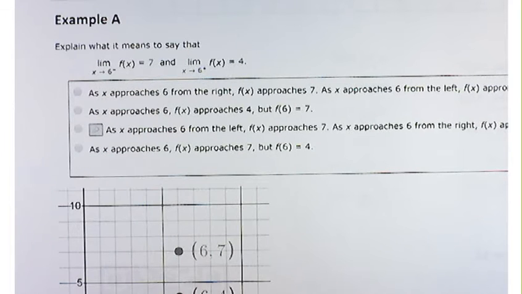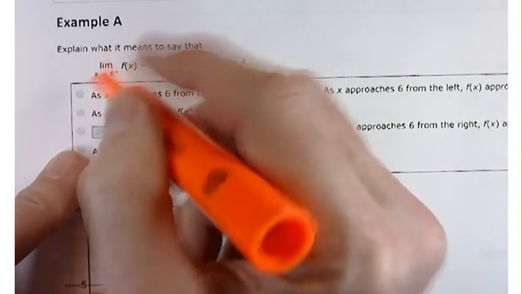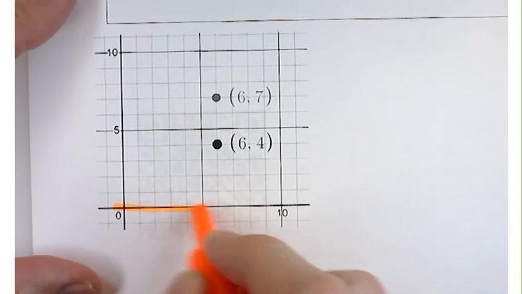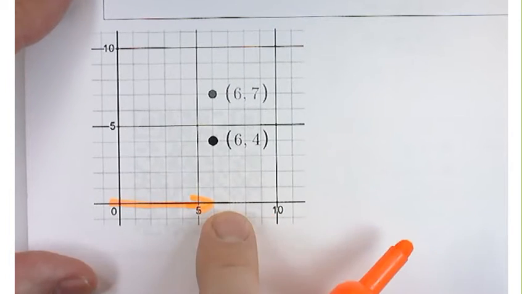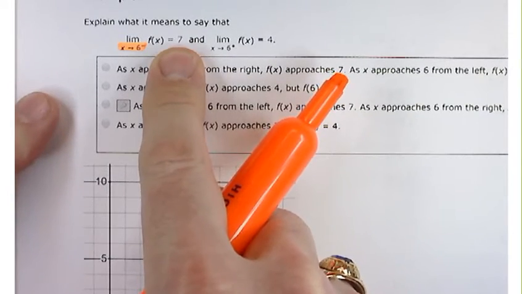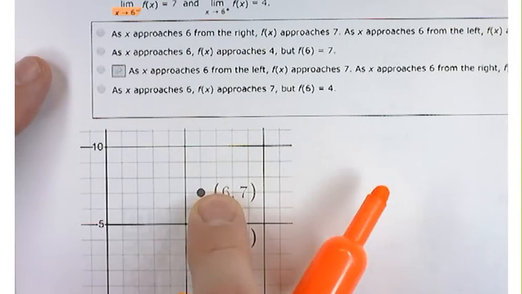So what that means is that as you get closer along the x-axis, what's happening to the y-coordinate? You want that y-coordinate to get closer and closer to 7. So as x approaches 6, the y-coordinate approaches 7.